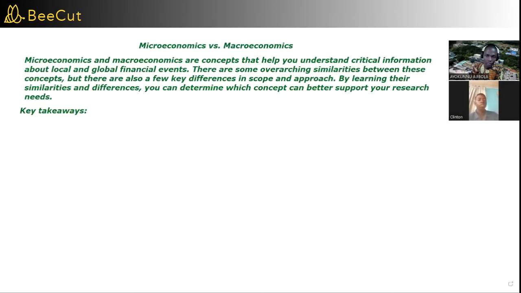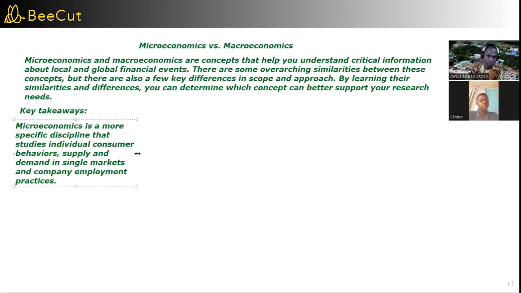The first one is that microeconomics is a more specific discipline that studies individual consumer behavior, supply and demand in single markets, and company employment practices. So this narrows its studies to an individual's behavior, individual consumer behaviors.